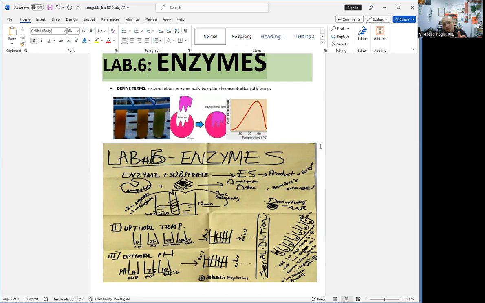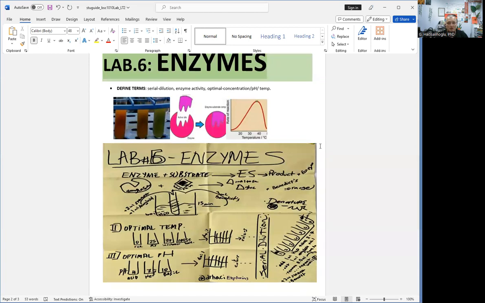Our enzyme here is amylase, also called salivary amylase. Every enzyme has a substrate. Our substrate for this enzyme is starch. If you combine them, they break down the starch into maltose and glucose.